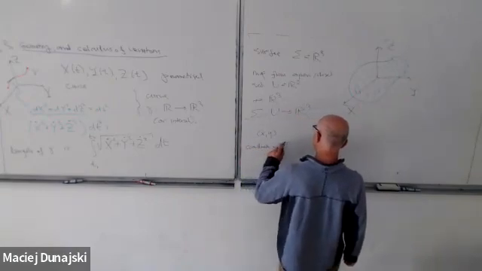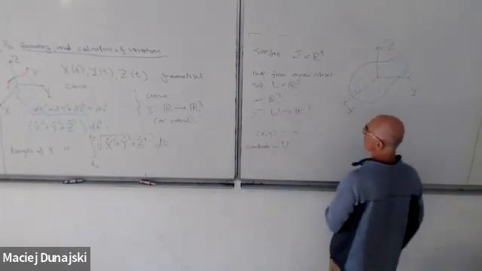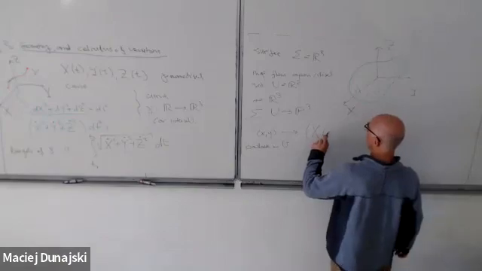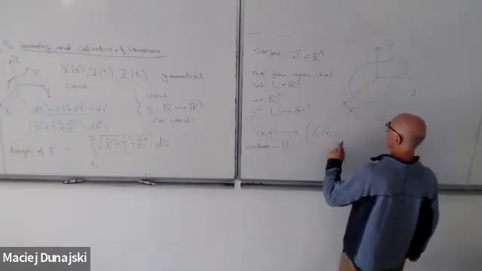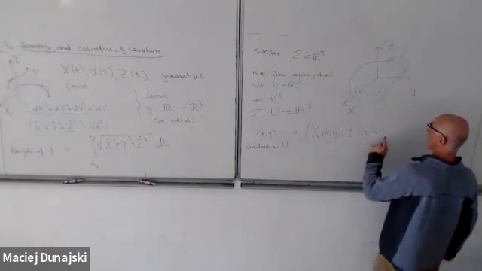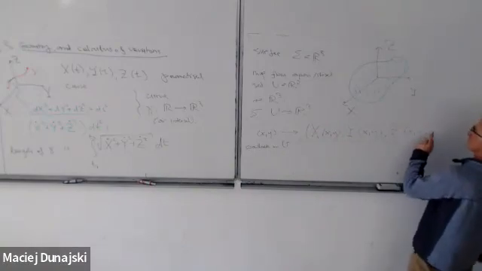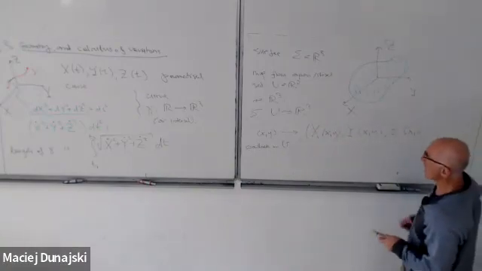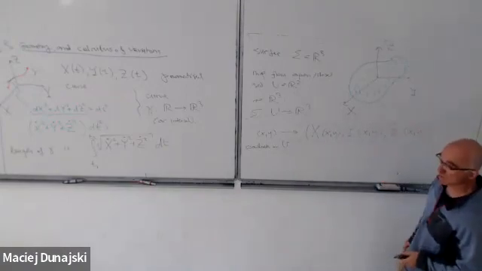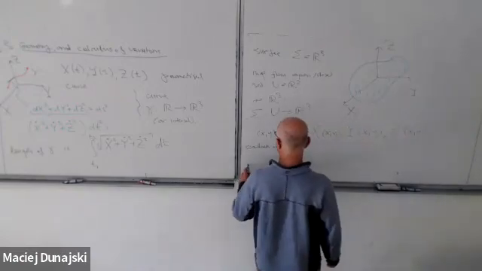To define a surface, we need to construct capital X, which depends on little x and y, capital Y, which depends on little x and y, and capital Z, which depends on little x and y. And this presentation of the surface is called a parametrization. So this is a parametrized surface.